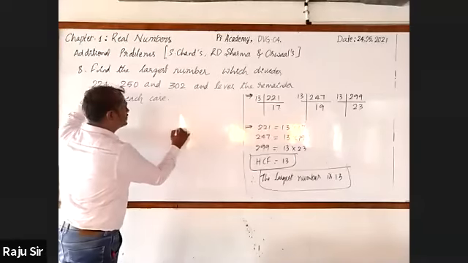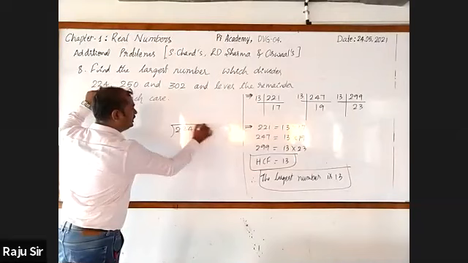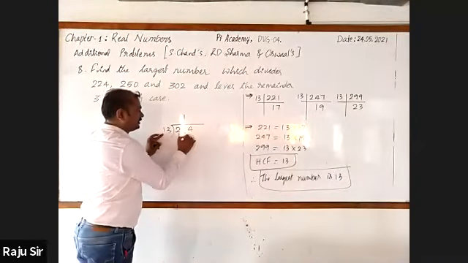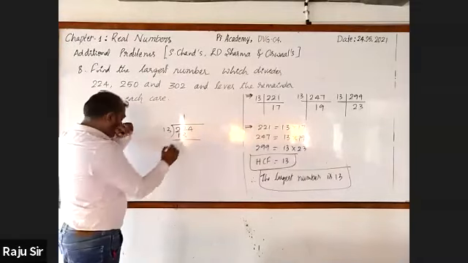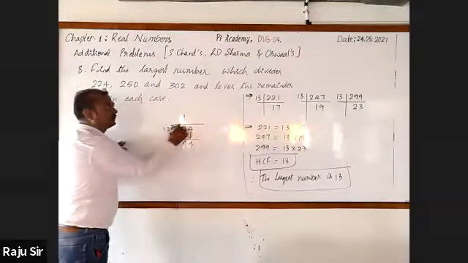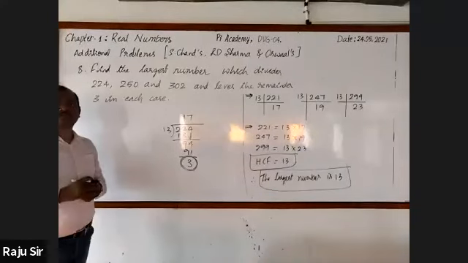Just look here. The first number is 224 and divide this by 13. 13 ones are 13. 12 minus 3 is 9. Carry down 4. Now 13 sevens are 91. 3 is the remainder. Right.